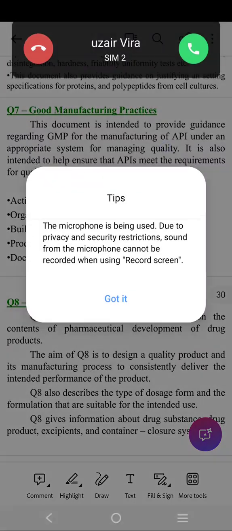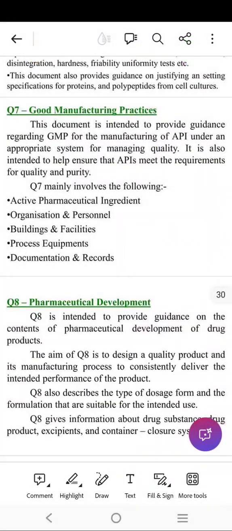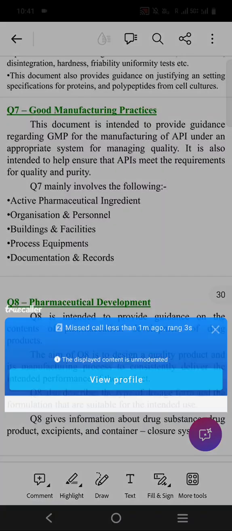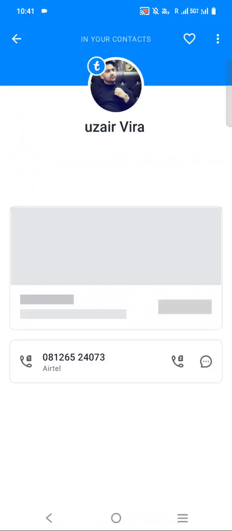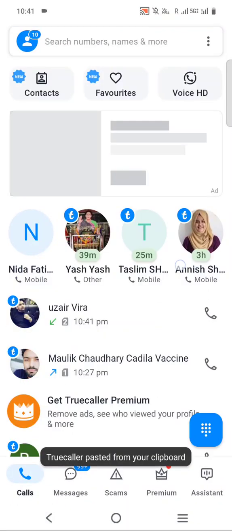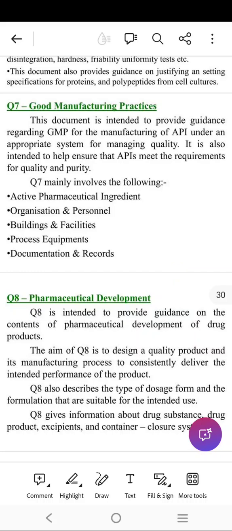Q7 mainly involves the following activities: API (active pharmaceutical ingredient), organization and personnel, buildings and facilities, process equipment, documentation and records.